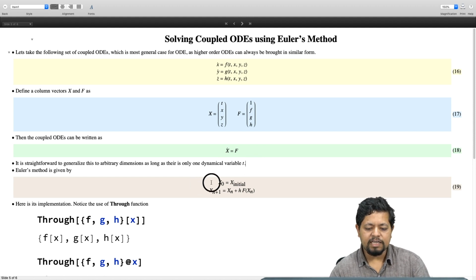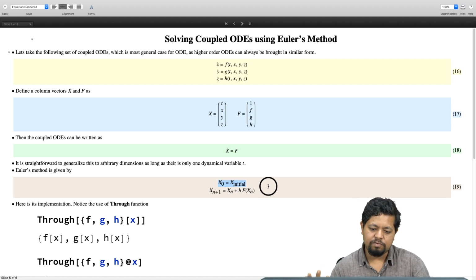So we are simply going to write X naught as X initial, which is the initial value of time, x, y and z, the combination of all 4 of them, and Euler's method simply becomes evaluating Xn plus 1 as Xn plus h times F evaluated at Xn. So this is a matrix equation again.